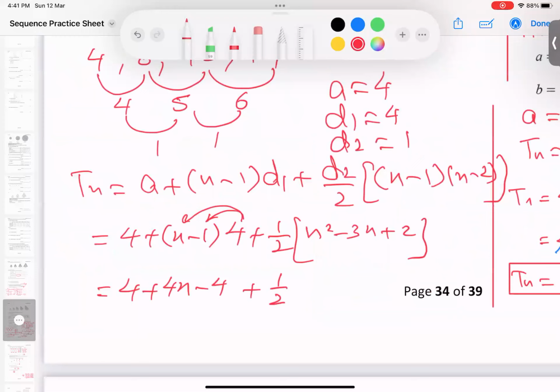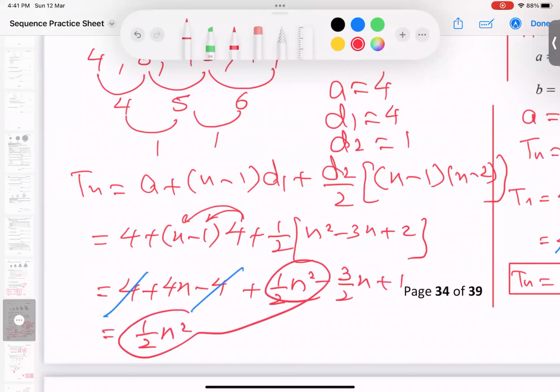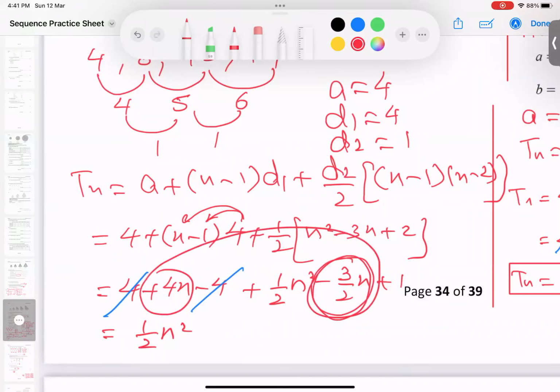And opening the bracket: half n squared, half into 3, negative 3 by 2 n, half into 2 gives plus 1. Now this 4 and this 4 will cancel out. Half n to the power 2, I copied from here. And this is minus 3 by 2 n, and this plus 4n.